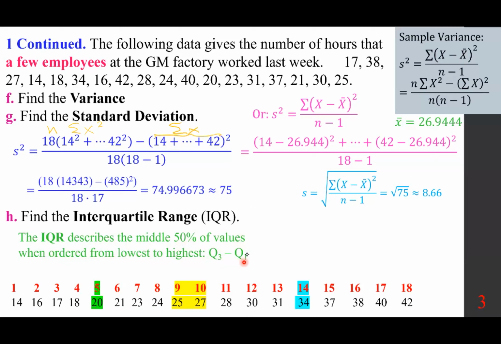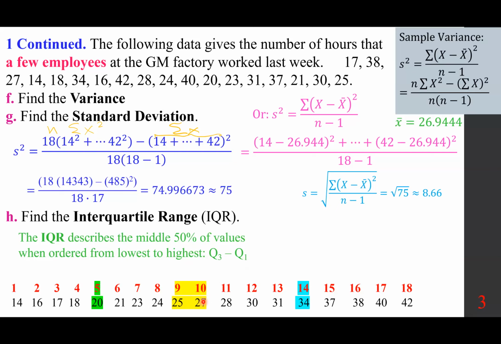Q sub 2 is the same as median. Q sub 1 is the first quartile, and Q sub 3 is the third one. And there are different methodologies to calculate them. But Q sub 2 is very straightforward. It's the same as the median. We already did 25 plus 27 and divided by 2.